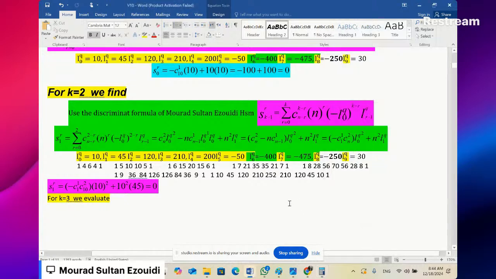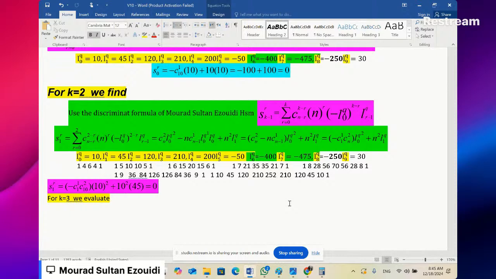Therefore, in this example, after making your own calculation with the formula, you will obtain that S0 equals 0, S1 equals 0, S2 equals 0, S3 equals 0, S4 is different from 0. Okay, and S5 equals 0, S6, S7, S8, up to S9, but S9 is going to be different from 0, and then we are going to conclude and start finding the exponents of the new degree equation that is obtained from the original 10th degree equation.